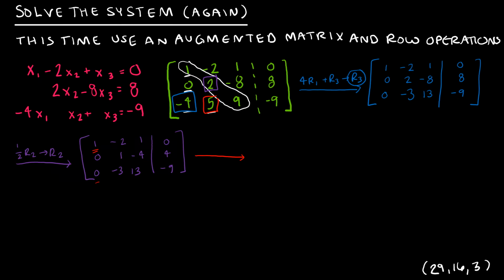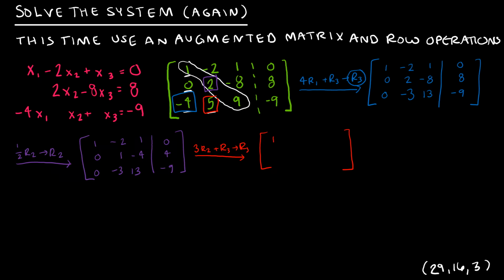So I want to use row 2 to help me get row 3 how I want it. So I'm going to take 3 times row 2 and add it to row 3 to get my new row 3. So what is that going to do? That's only going to change row 3.